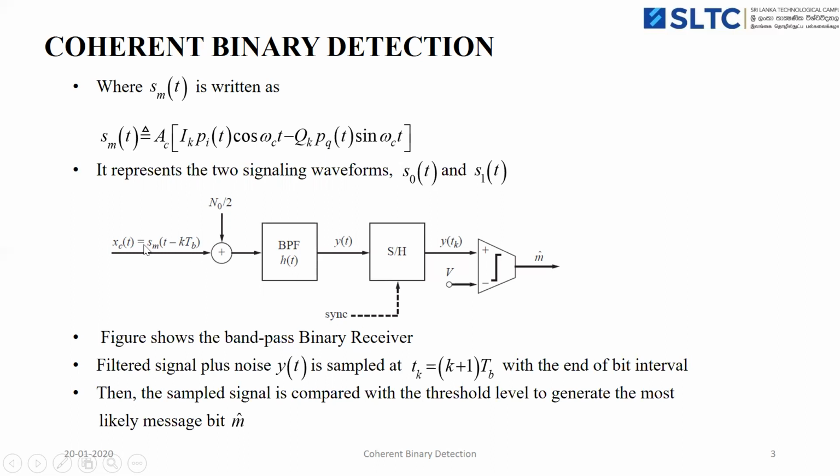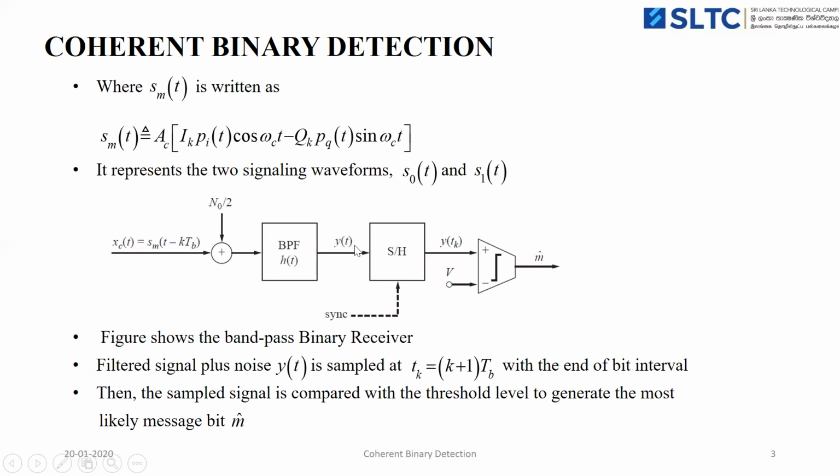The input received signal is Xc of t added with noise of power spectrum N0 by 2, and it passes through the bandpass filter whose impulse response is h of t. The output of the bandpass filter is y of t.